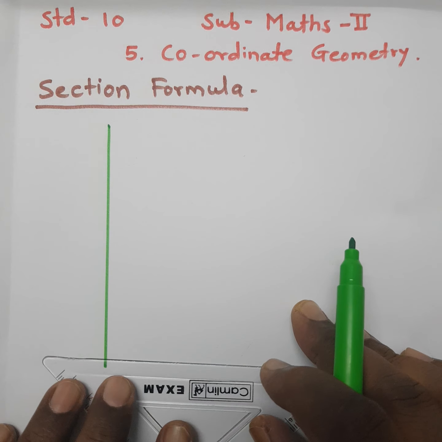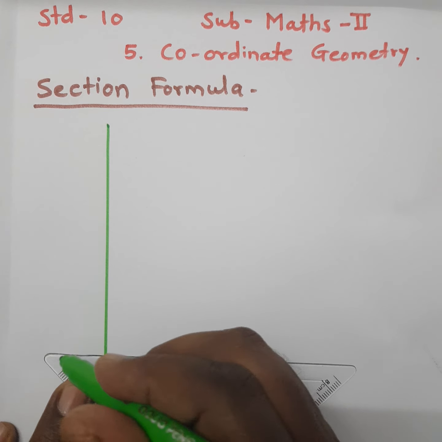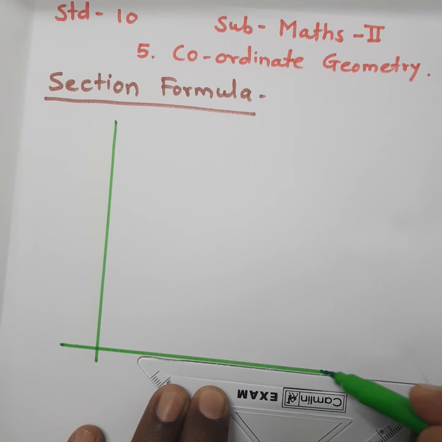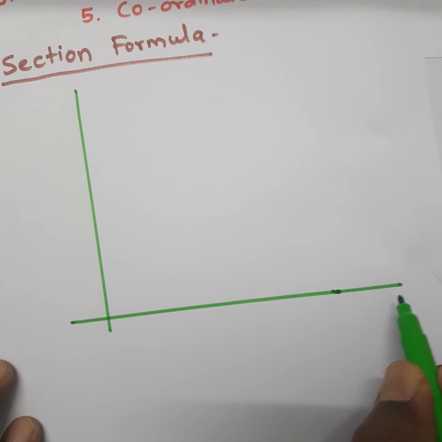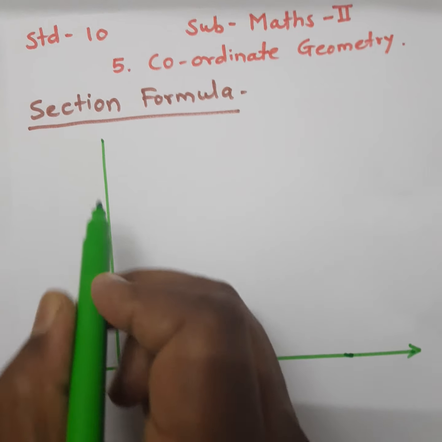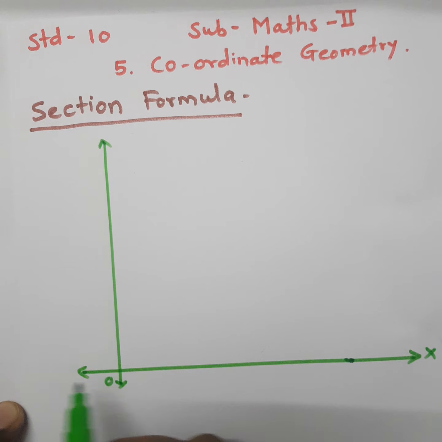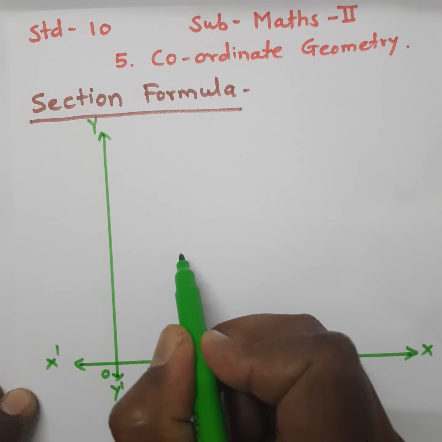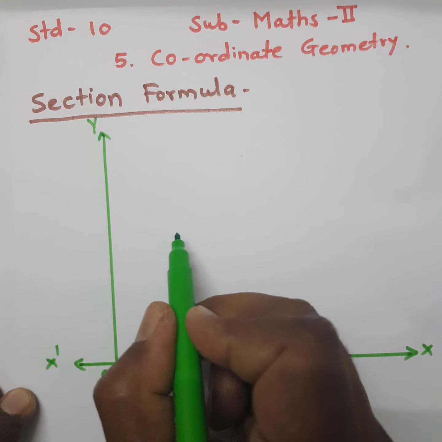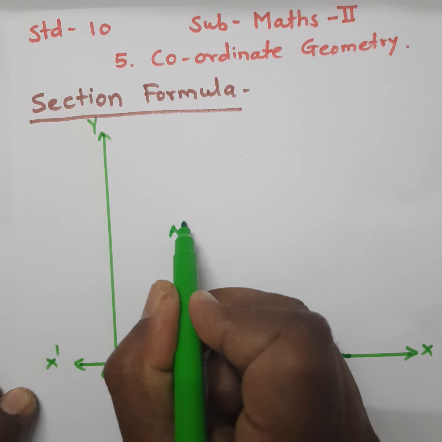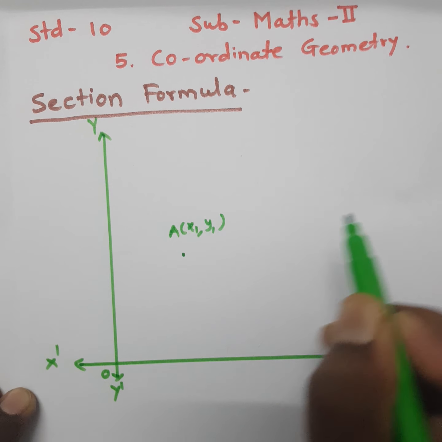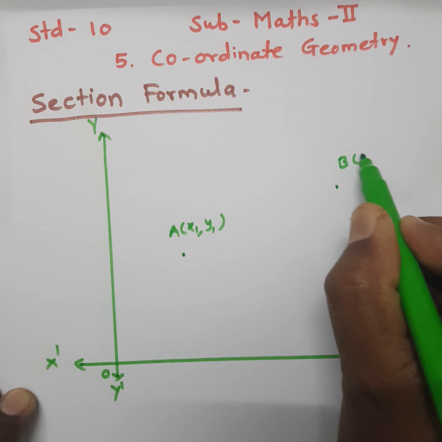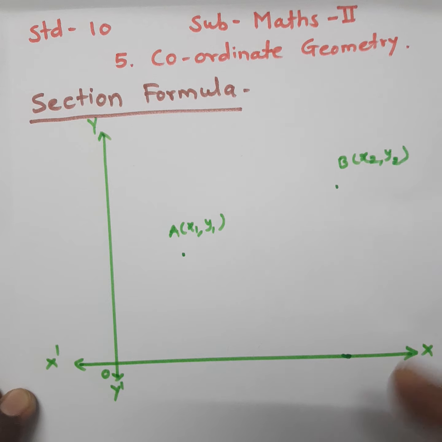In the xy plane we have to take two distinct points, A and B. Suppose point A has coordinates x1, y1, and the second point B has coordinates x2, y2.